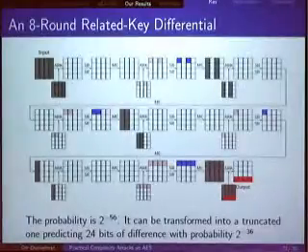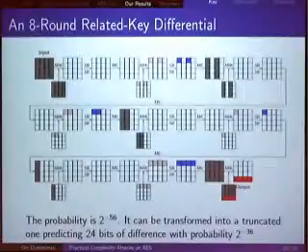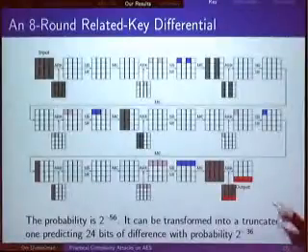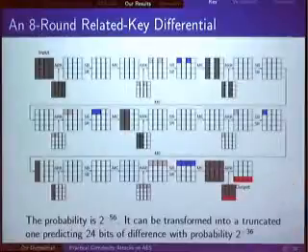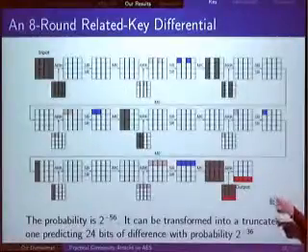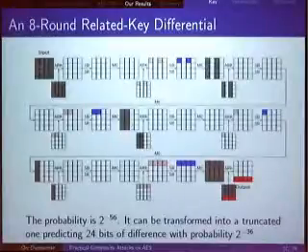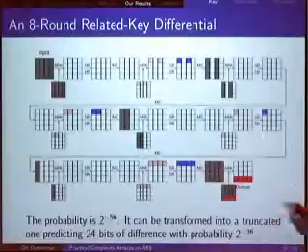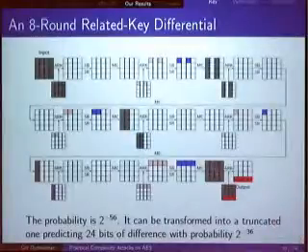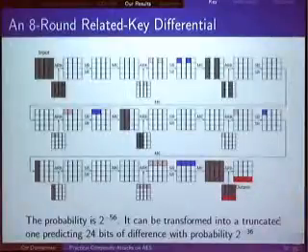If we had only differentials or differential characteristics, it would be 2 to the minus 6. 2 rounds with only 2 active Sboxes rather than 5. 3 rounds with 1, 2, and that's it. 2 active Sboxes rather than 9. And in total, this entire path has probability of 2 to the minus 56 for 8 rounds.